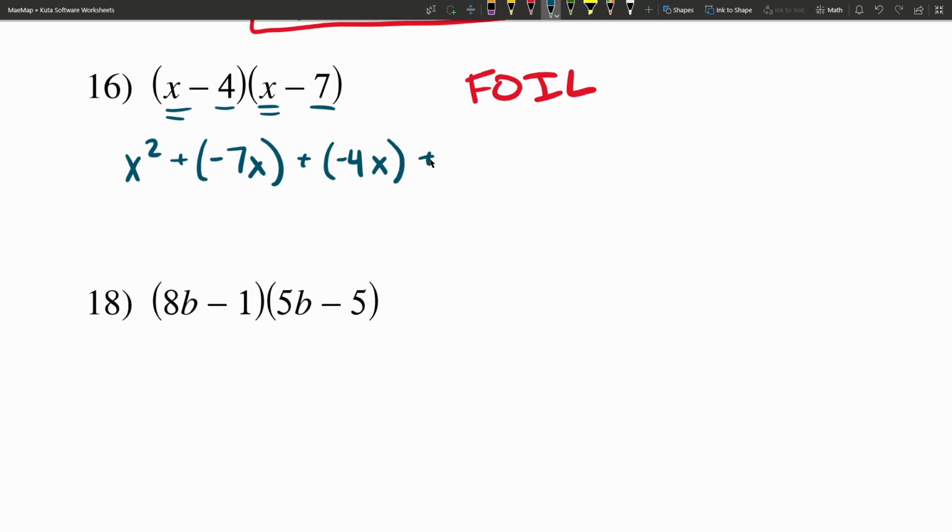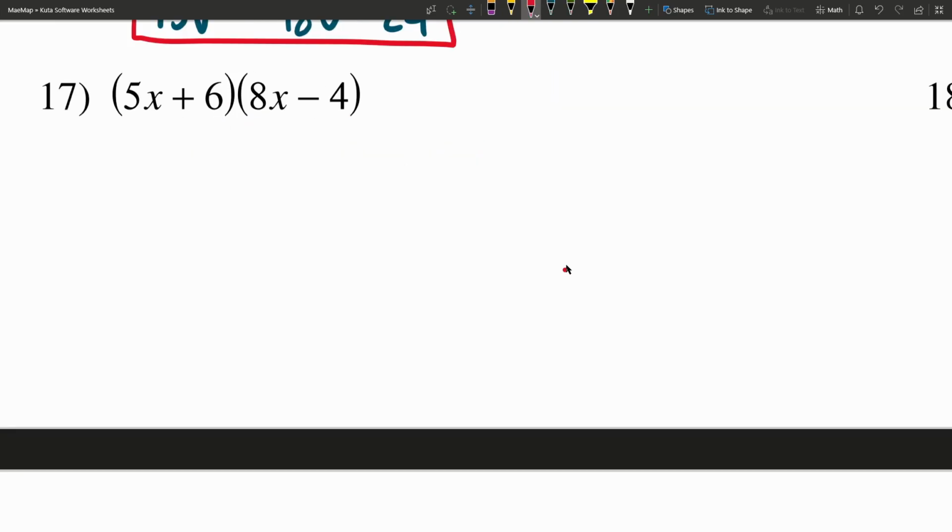And then our last terms, negative 4 times negative 7, which is a positive 28. Combining our negative 7x and our negative 4x, we're going to get x squared minus 11x plus 28. Moving along to the second to last problem on this worksheet.